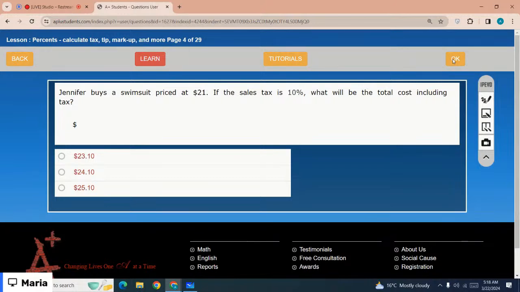The correct option is $23.10. Option number one is the correct option, right?